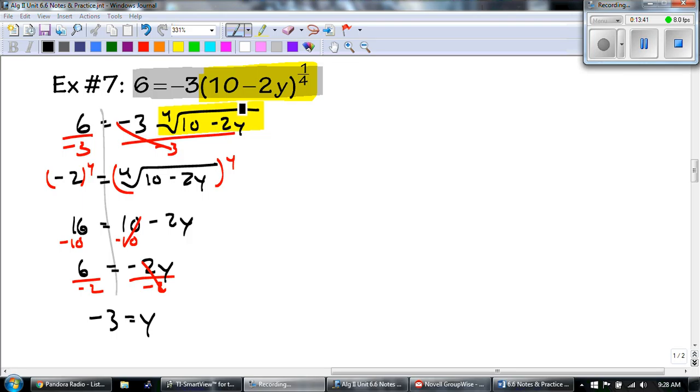Okay, so after rewriting, dividing by -3, taking everything to the 4th power, subtracting 10, dividing by -2, I got -3.